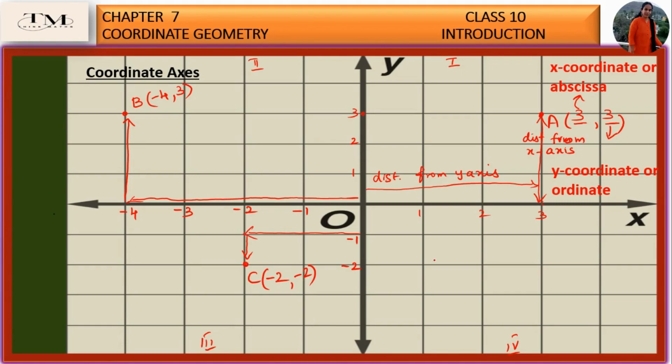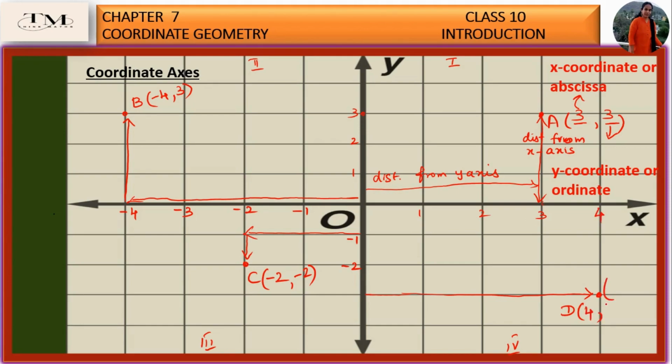Okay, children? Now coming to the fourth quadrant, I am plotting a point here. It is D. What is that? On the x-axis parallel line, that is the distance from the y-axis, it is moving towards the right. Moving towards the right, how many boxes? 1, 2, 3, 4. So this point is 4.